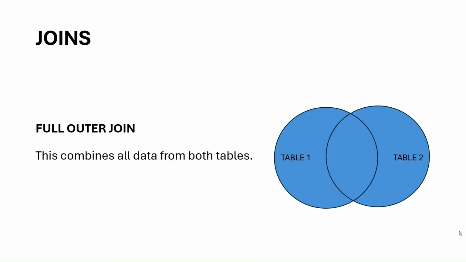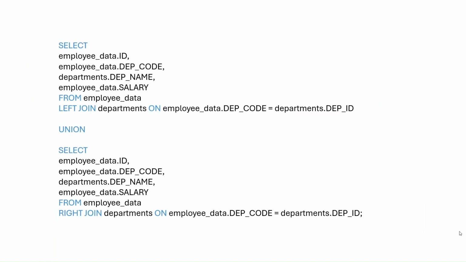Okay, and finally, the last join we are going to look at is the full outer join. This combines all the data from both tables. Now in normal SQL, you can just write full outer join to do a full outer join, but in MySQL, you're going to have to do a union between your left and your right joins to get the full outer join.